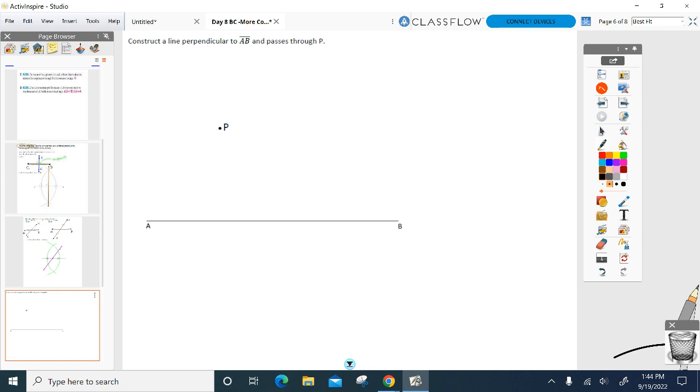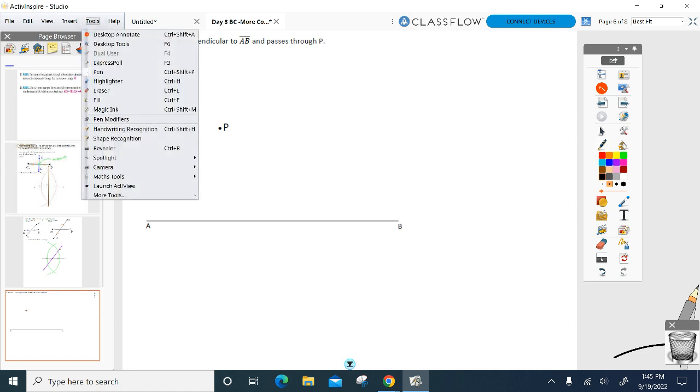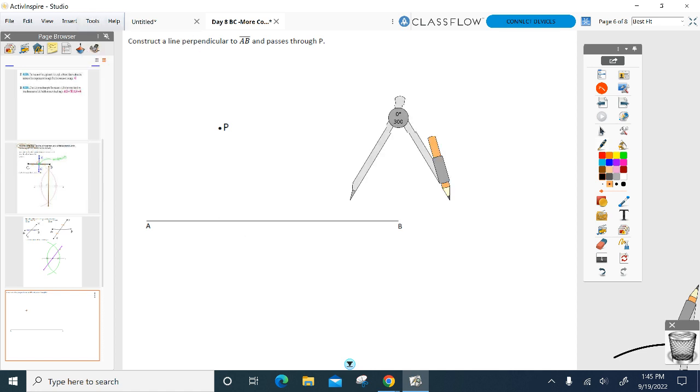It's going to look like a smile. You're going to swing it so it intersects in two spots. So play around with the opening and make sure it intersects in two spots.